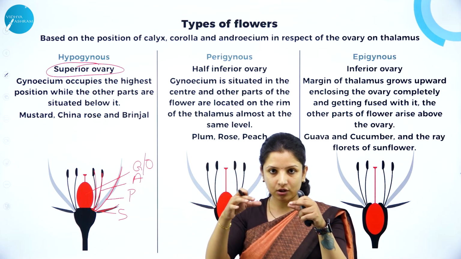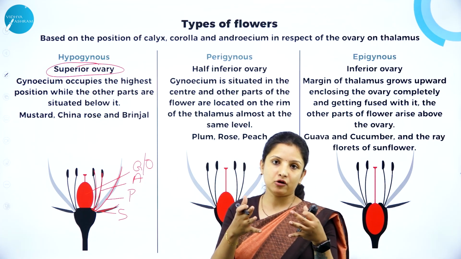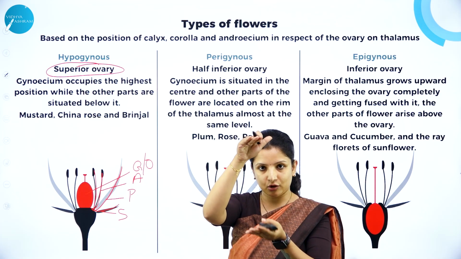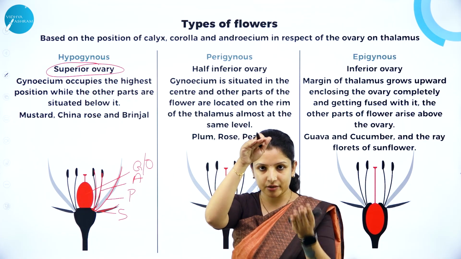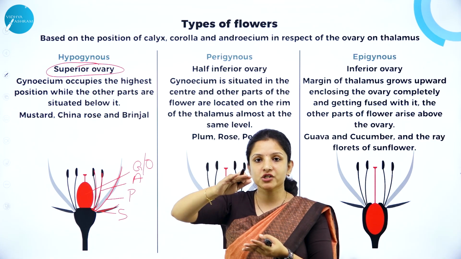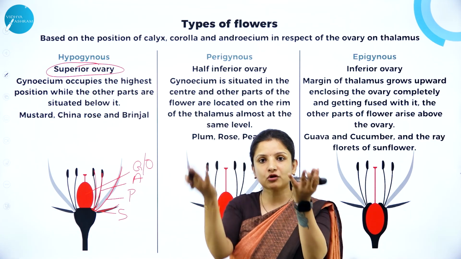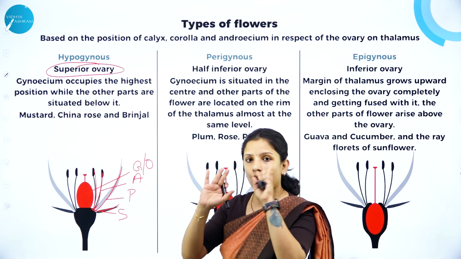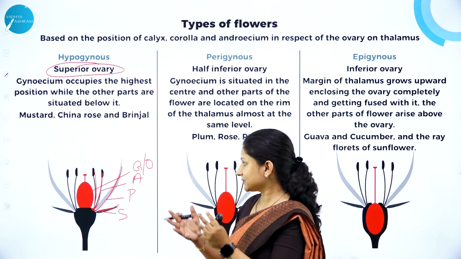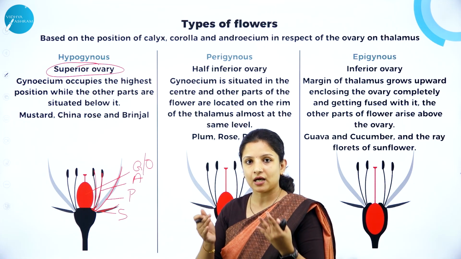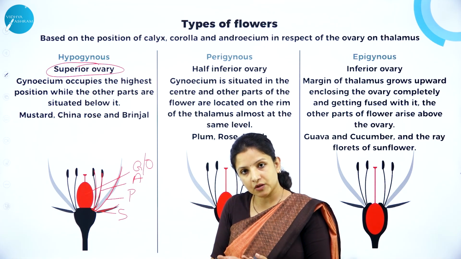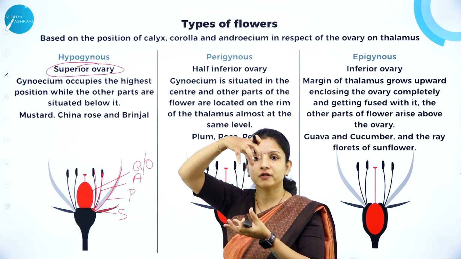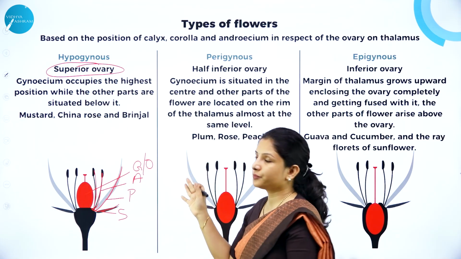Like you have a biology book at the top and all the other subject books at the bottom. Therefore, biology will be in the superior position because all the other books are at the bottom. It's the same concept here, wherein all the whorls, that is the sepals, the petals and the stamens, arise from the bottom of the ovary. Therefore, the ovary will be at the top position, which is called a superior ovary.